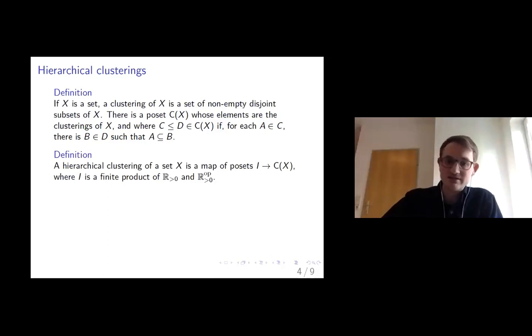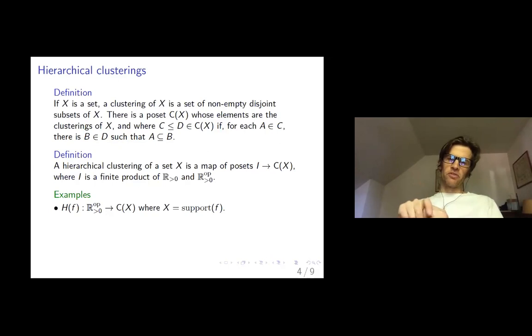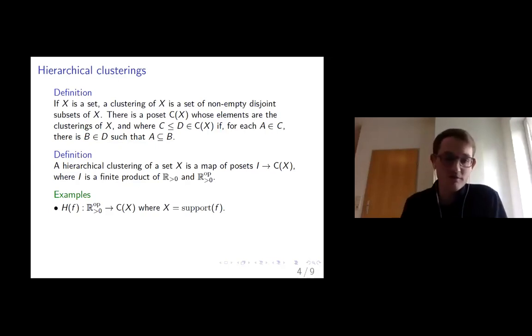This is obviously not the most general form of indexing posets one could consider, but it'll be enough for what I'm talking about. So the first example here is the density contour hierarchical clustering that I mentioned on the previous slide.